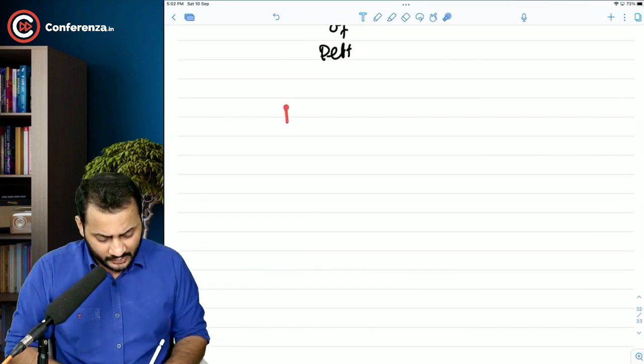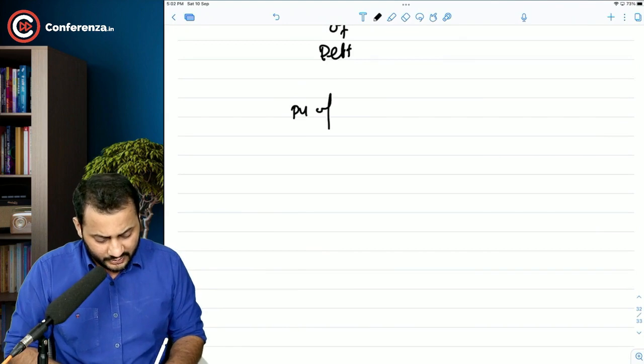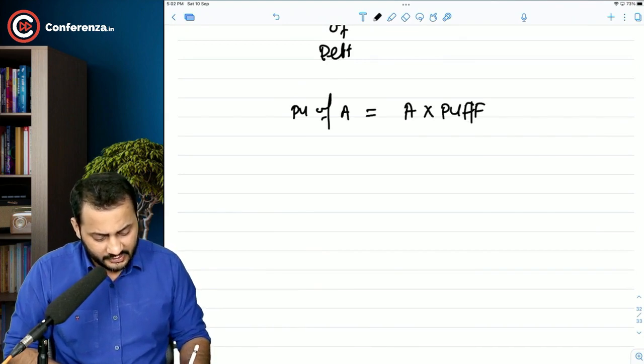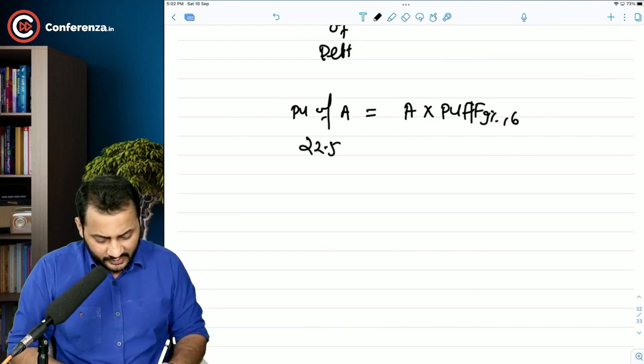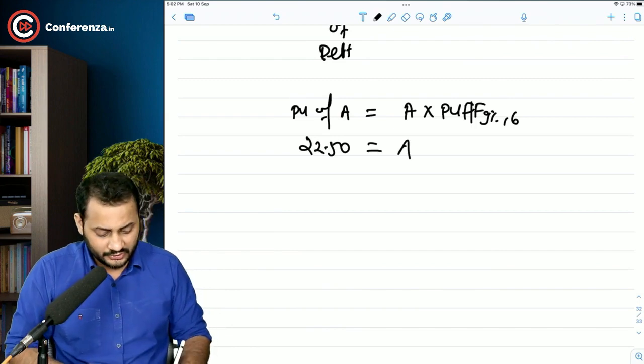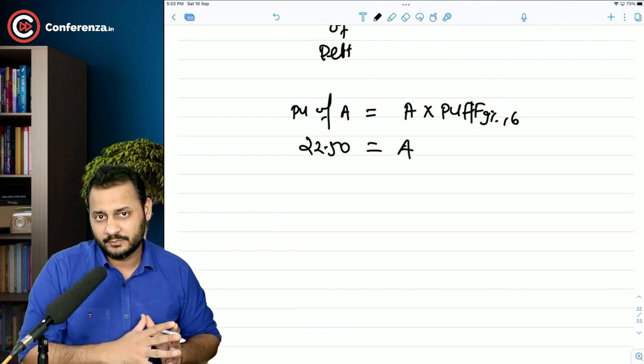It's very simple. Present value of annuity is equal to annuity into present value annuity factor at 9% for 6 years. This is the present value of annuity, 22.50 crore. This is going to be your annual amount.